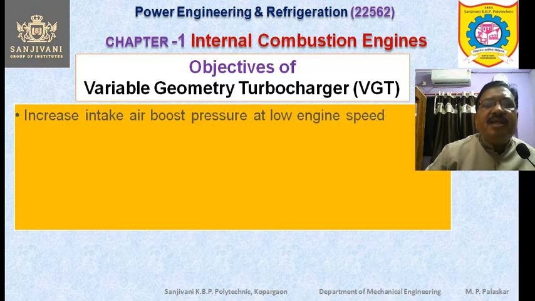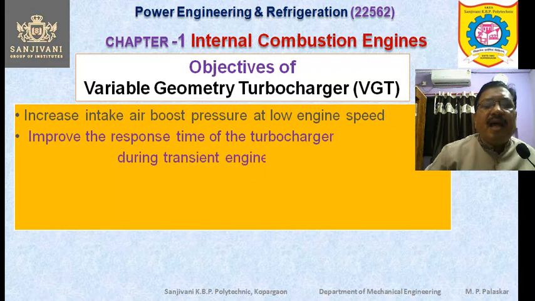So we have to increase the air boost pressure at low speed. We design the turbocharger in such a way that at low speed the intake air pressure will be boosted, will be increased. At the same time, the response of the turbocharger will also be improved during transient engine operation phases.